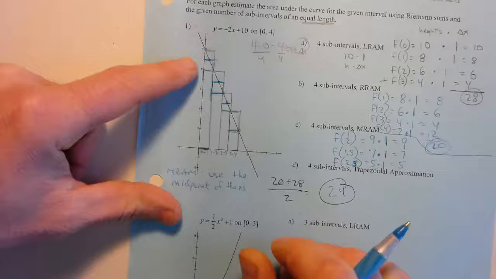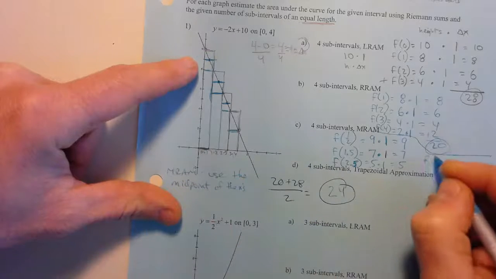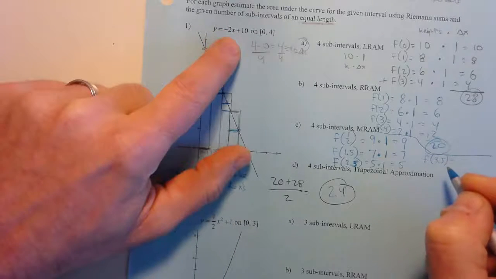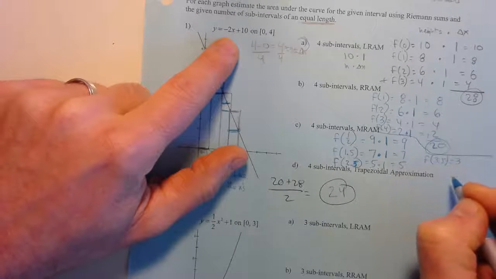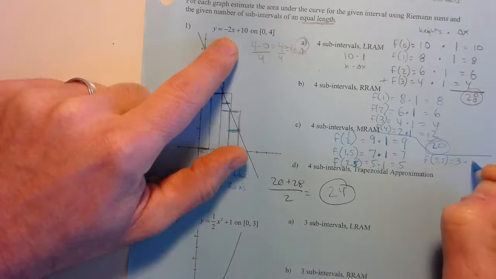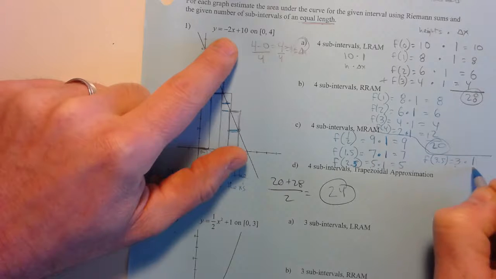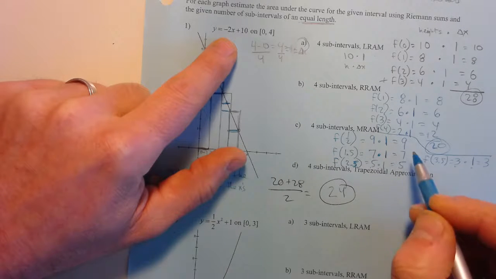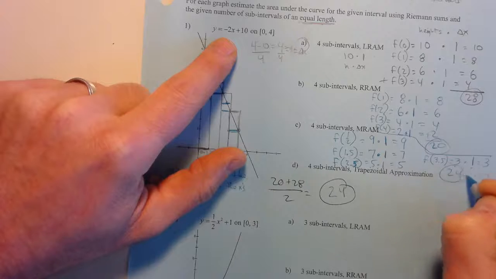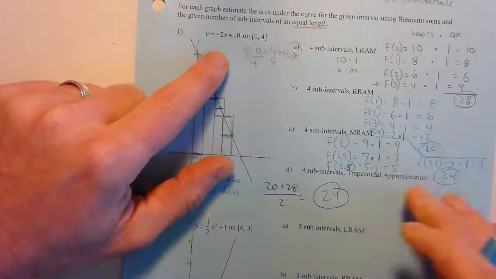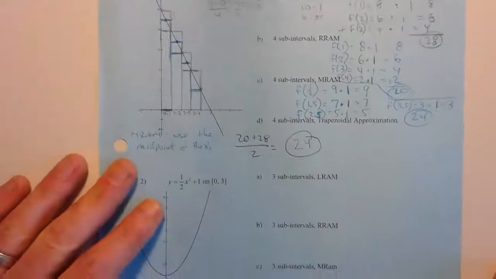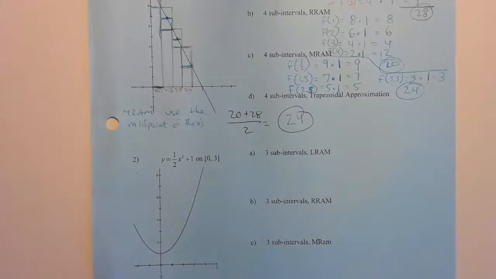Same thing happens between 3 and 4. Halfway between 3 and 4 is 3.5. Plug it in. I get a y value of 3. Multiply it by 1 because that's the width, so the area is 3. Add those all together. 10, 19, 24. You can see in this case the MRAM and the TRAM were equal to each other, and that's only because it's a straight line. It doesn't happen very often, but it can happen.